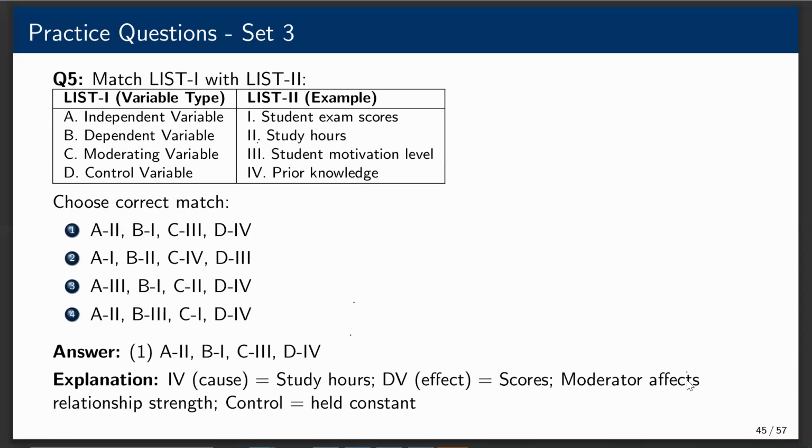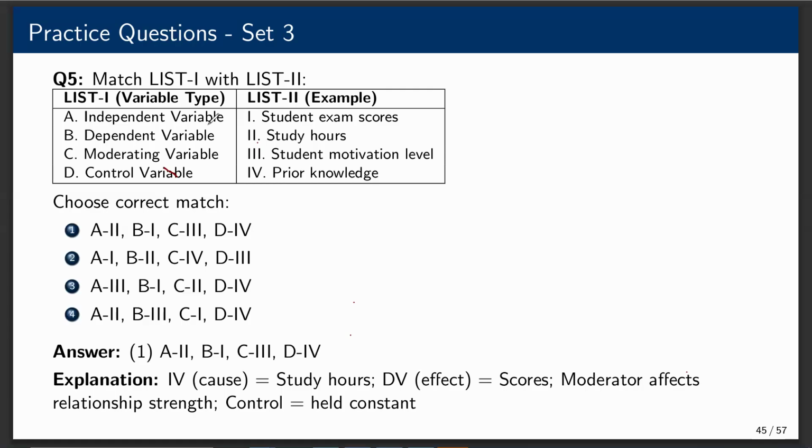So you can see, match list 1 with list 2. List 1, variable type: independent variable, dependent variable, moderating variable, control variable. Independent variable: study hour.